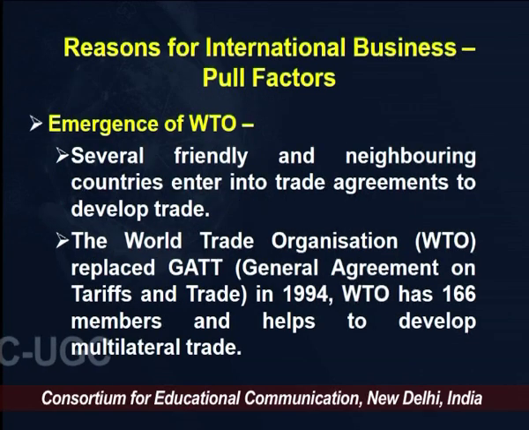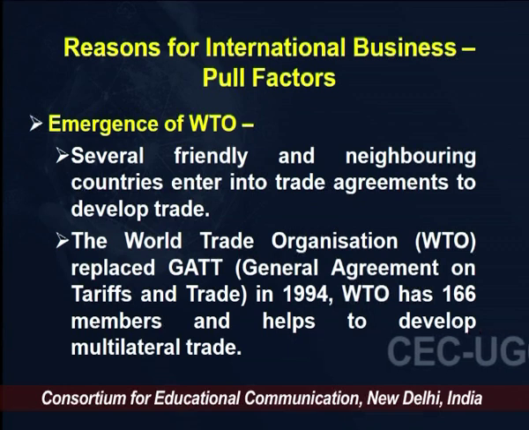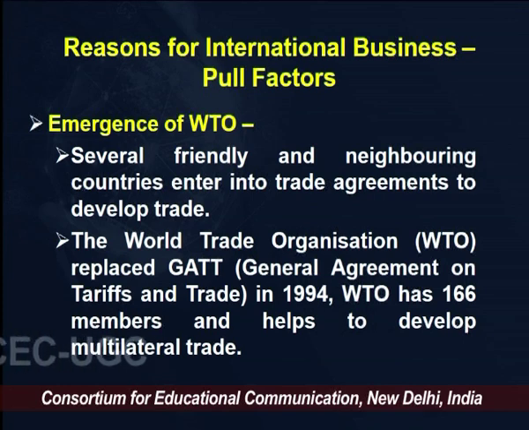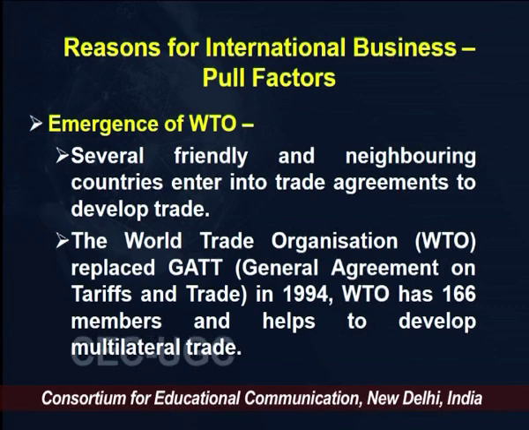Emergence of WTO or World Trade Organization. Several friendly and neighboring countries enter into trade agreements to develop trade. The World Trade Organization, WTO, replaced GATT, the General Agreement on Tariffs and Trade, in 1994. WTO at present has 166 members and it helps to develop multilateral trade.